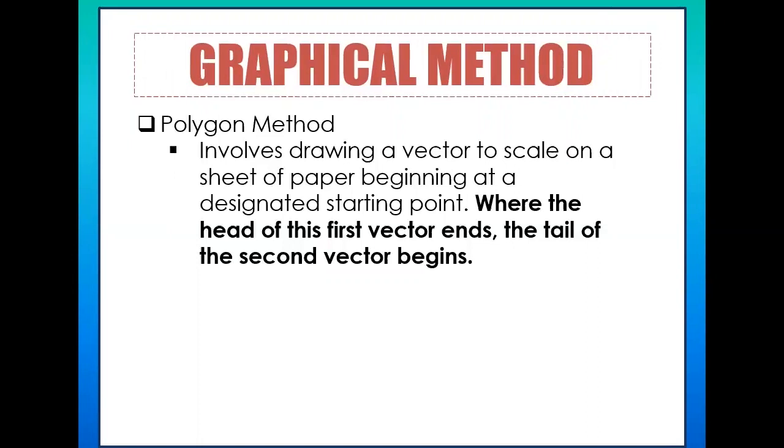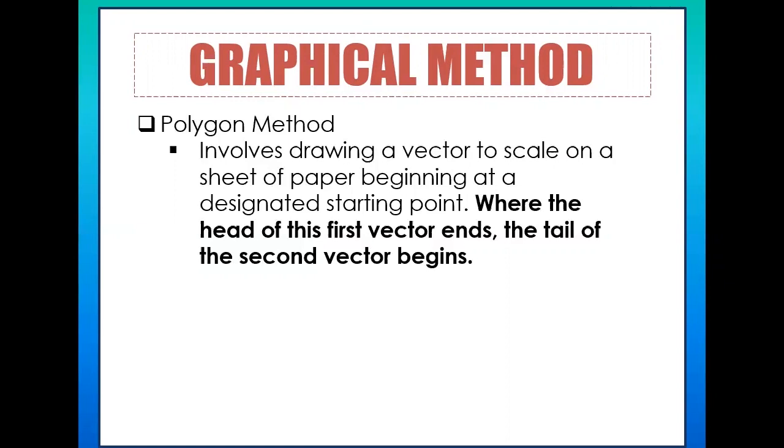So what we have here are components of the vector in order for us to get the resultant vector. What we are after is the summation of all the vectors. After you draw the first vector diagram, you have to connect the second vector diagram to the head of the first vector diagram.